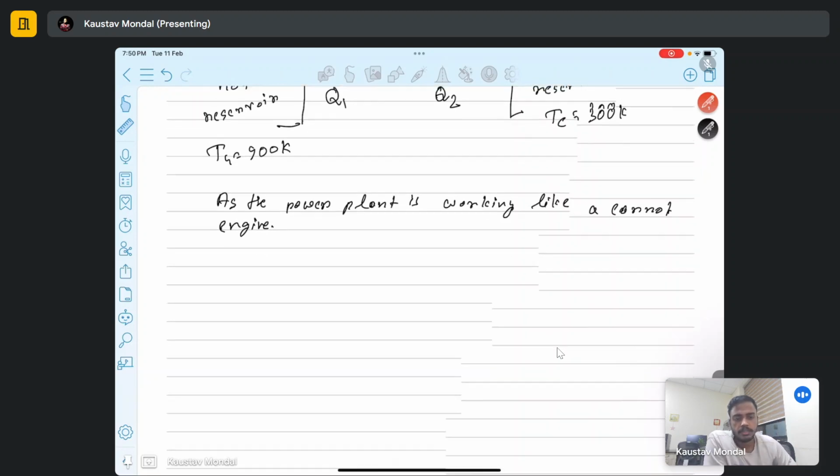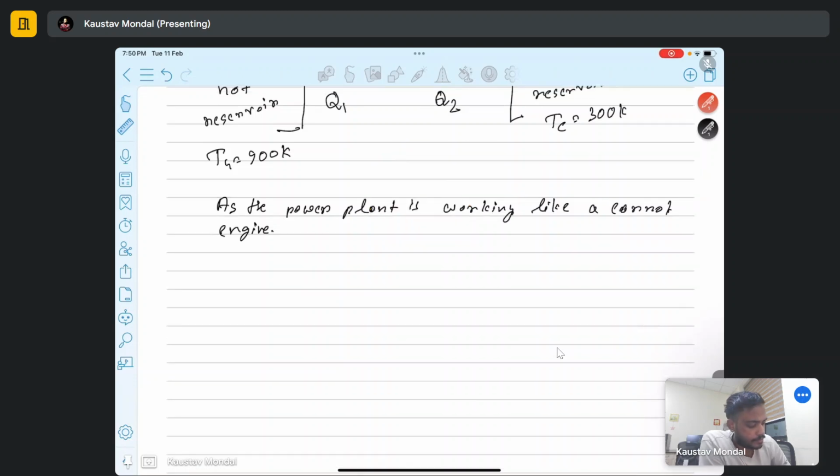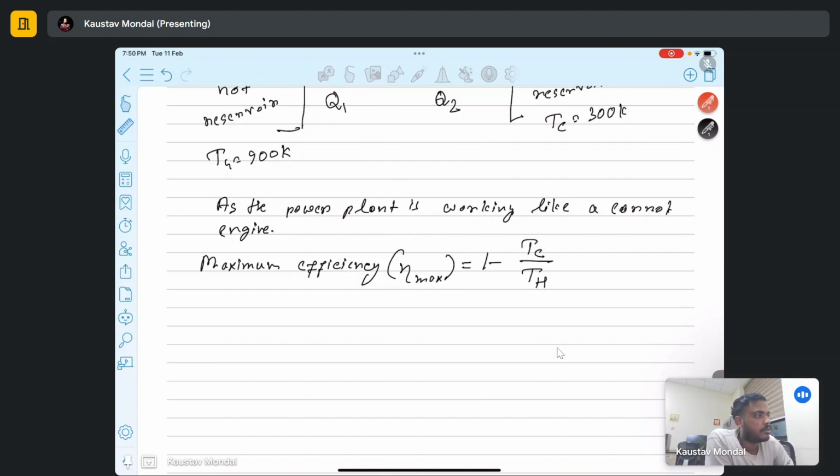One of the important things for a Carnot engine is its maximum efficiency: eta max equals 1 minus T cold by T hot.